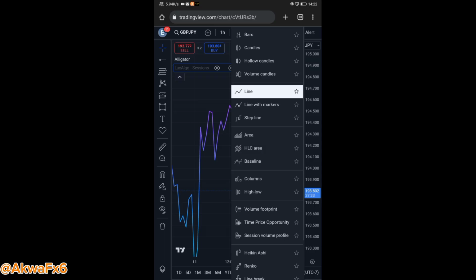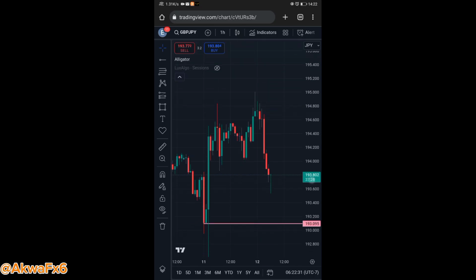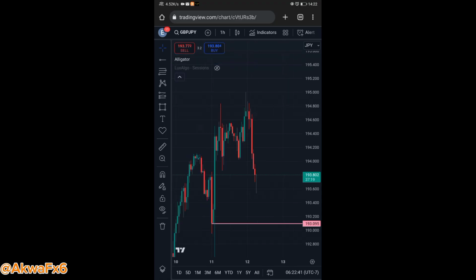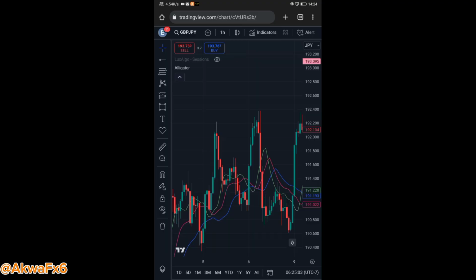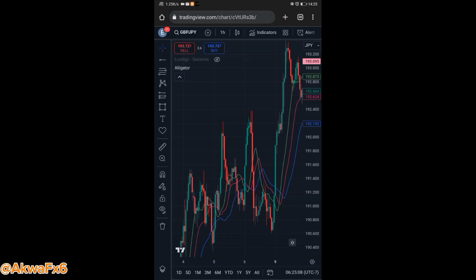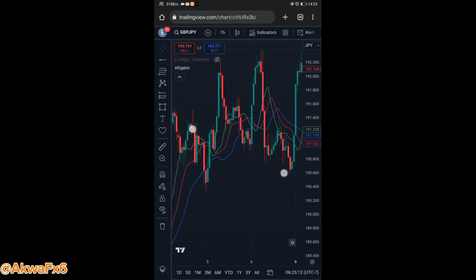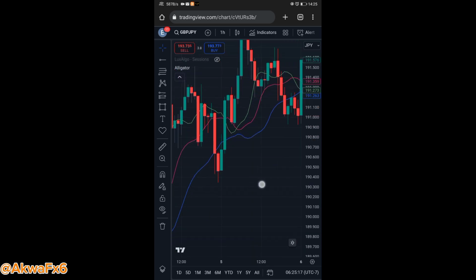So let me turn my chart to a normal chart. Then I will enable this indicator, the alligator. So now the Williams Alligator is on my chart using the 1 hour chart. The main purpose why we are using this Williams Alligator is for us to be able to identify our trend.